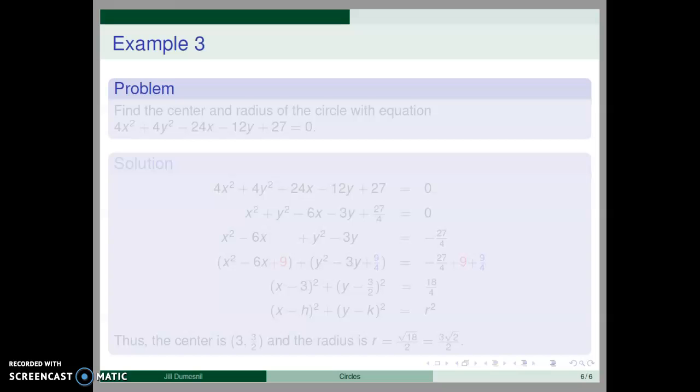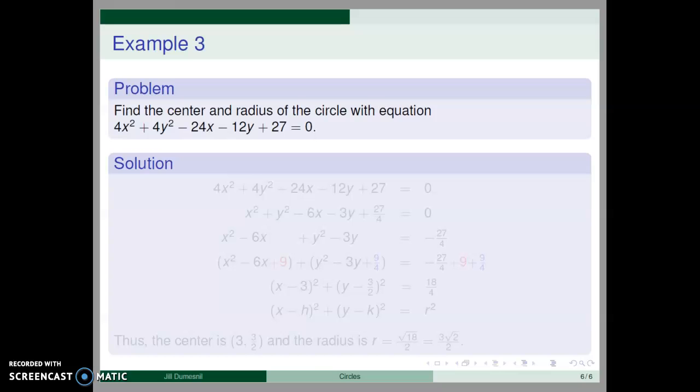Now let's consider a final example, like the last one, where the algebra is a little bit messier. We want to find the center and the radius of the circle with equation 4x squared plus 4y squared minus 24x minus 12y plus 27 equals 0. We will use the same technique of completing the square, but first we need leading coefficients to be 1.